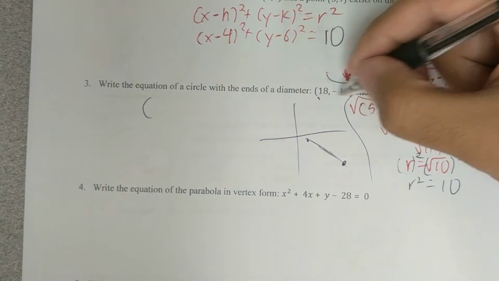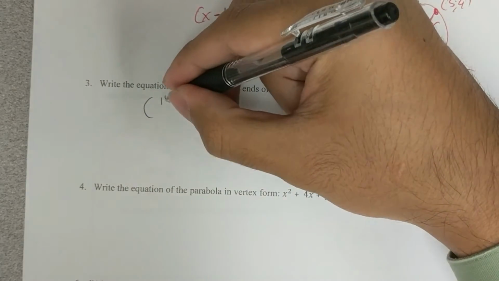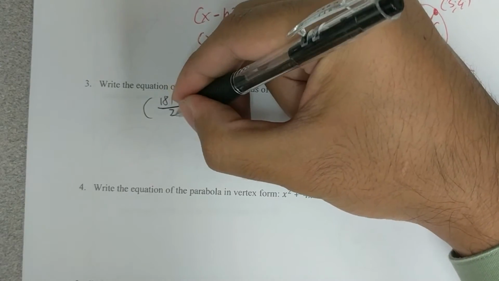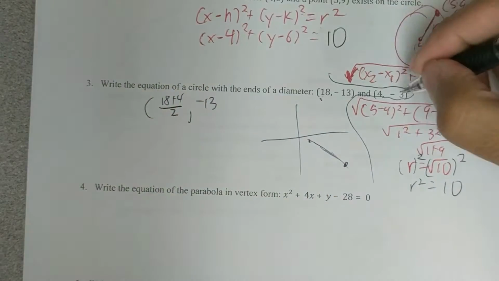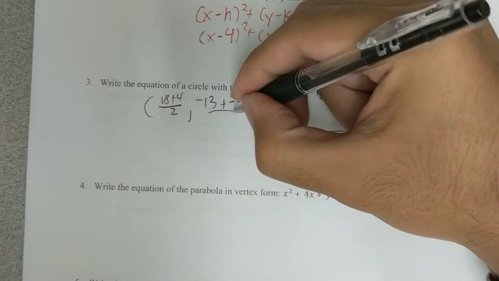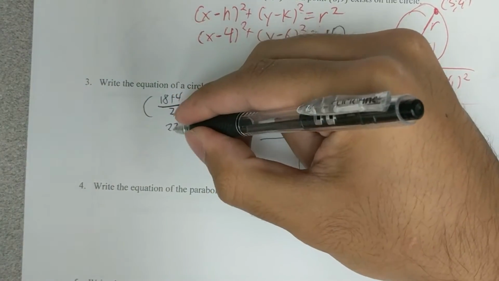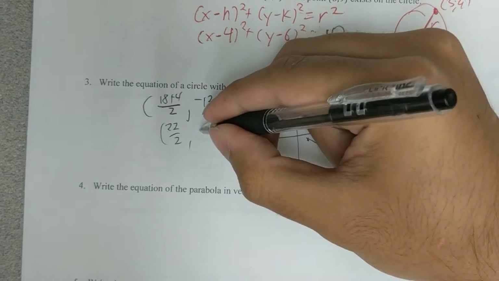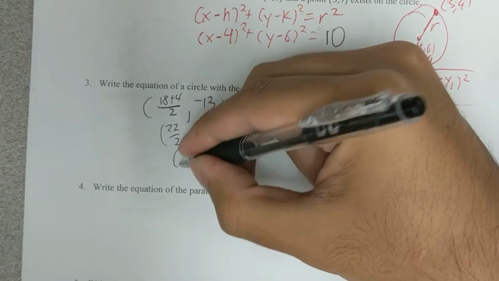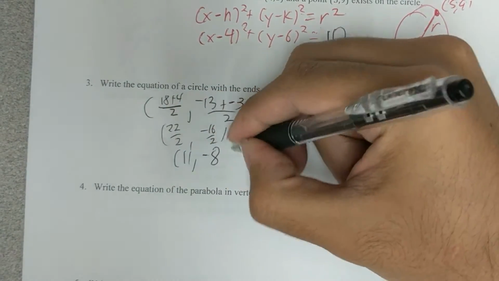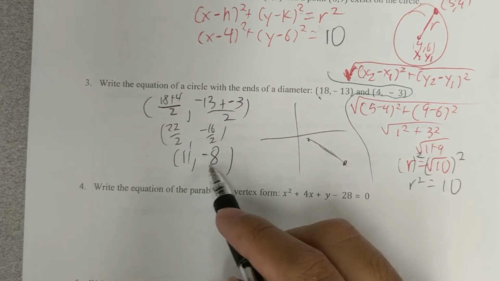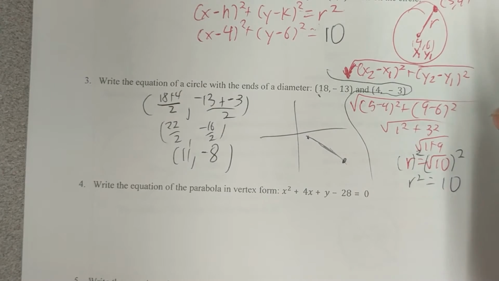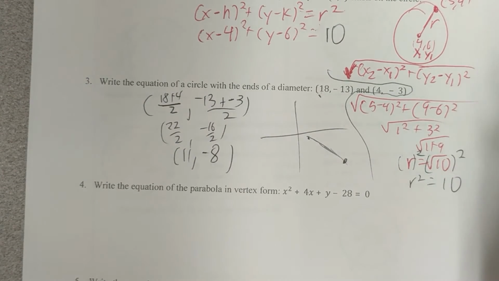So first you combine the x coordinates, 18 plus 4, and then you find halfway between them, and you repeat for the y coordinates. So 22 over 2 and negative 16 over 2. Okay, so the center of our circle is 11, negative 8, but we also need the radius.